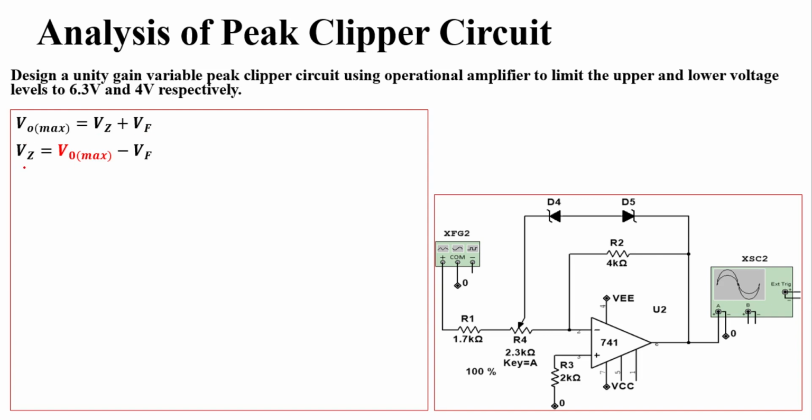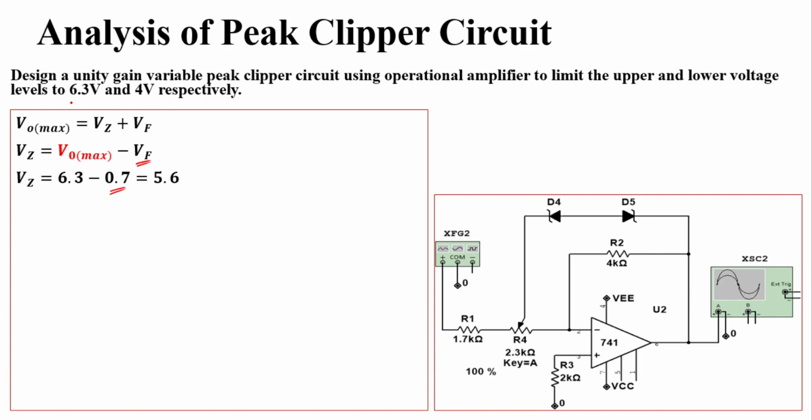First, to choose the correct value of Zener voltage, we can use this equation, Vz equal to V0 max minus Vf. We all know that the forward voltage of any Zener diode is 0.7 or more or less equal to 0.7.